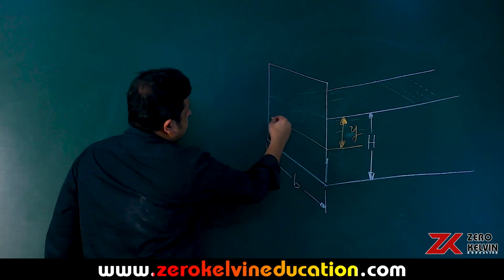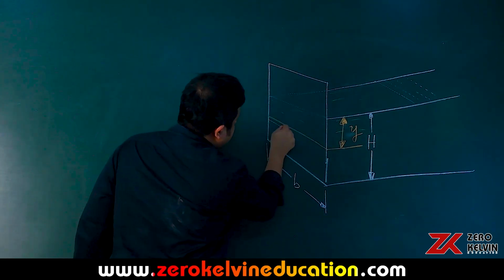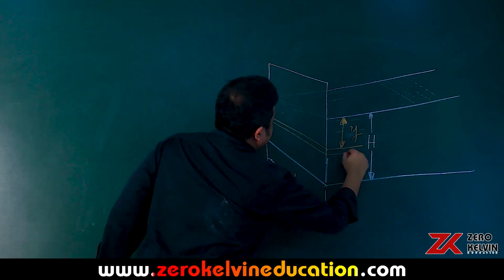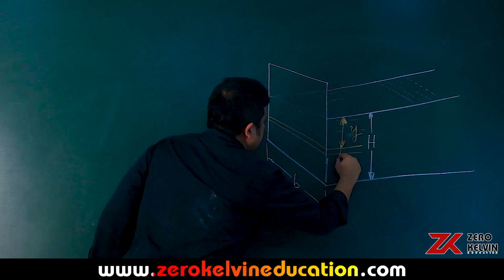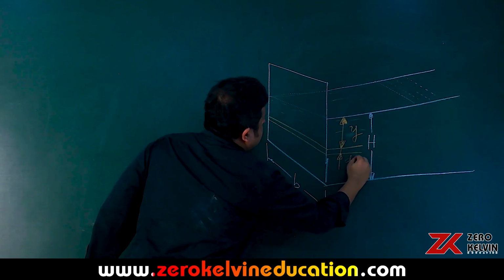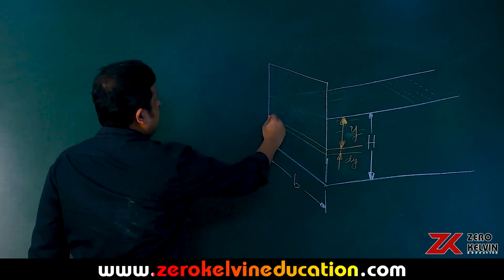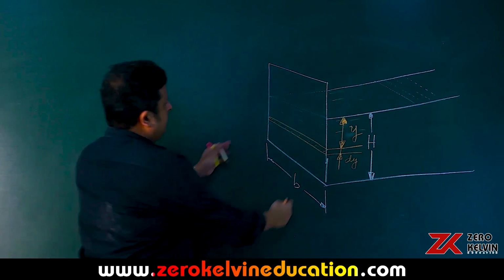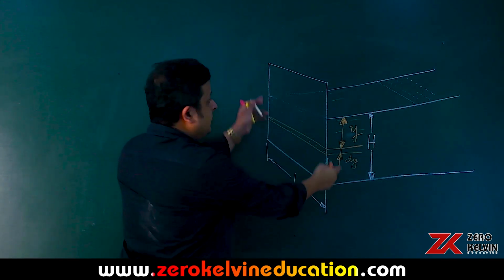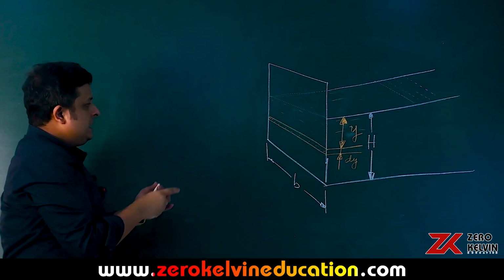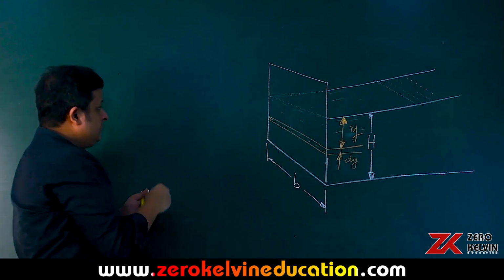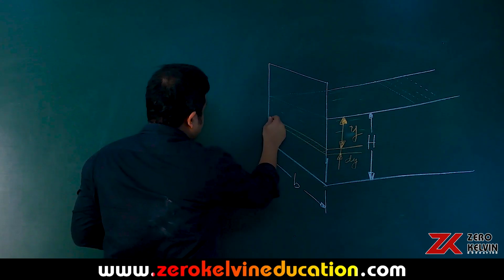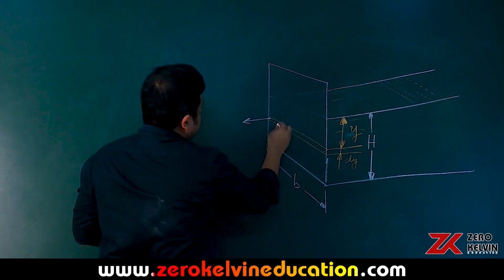So we will consider a strip, again a rectangular strip. So this will be the rectangular strip, that's dy. The width of this rectangular strip is same as the width of this wall, and force acts normal to this strip due to pressure.